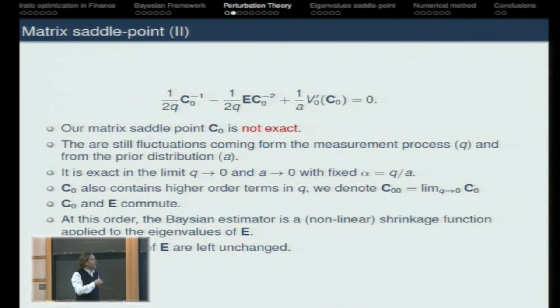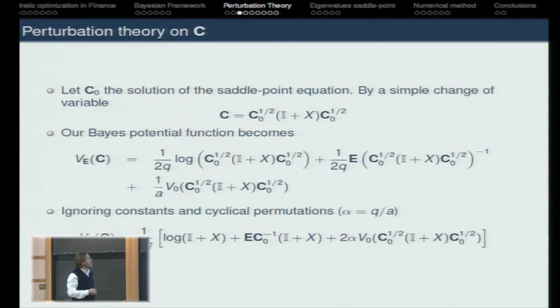So if both Q and A go to 0, then you kill all the fluctuations and the saddle point becomes exact. So you can take the limit Q goes to 0, A goes to 0, and fix the ratio of the two, and you get non-trivial results. And as I said, C0, the saddle point solution, and E commute, and so basically you get a nonlinear shrinkage function. But can you go beyond that?